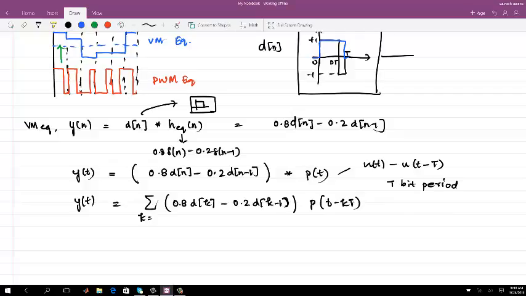This is all the sum. So here you write this particular t in between nT and (n plus 1)T.